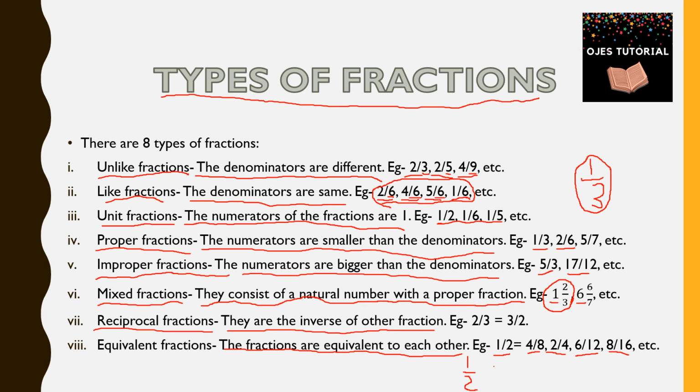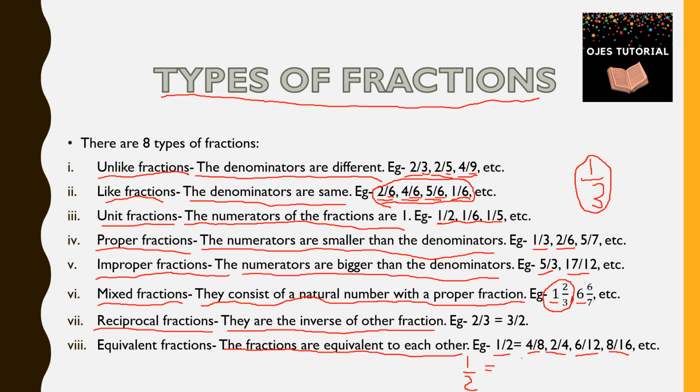For example, if I take the first example, which is 4 upon 8. When I reduce 4 upon 8, I will get 1 upon 2. How? Here there are 4 ones and 4 twos. So I got 1 upon 2. And when I do the same thing with 2 upon 4, I will also get 1 upon 2.